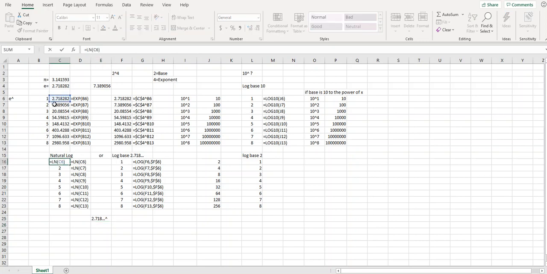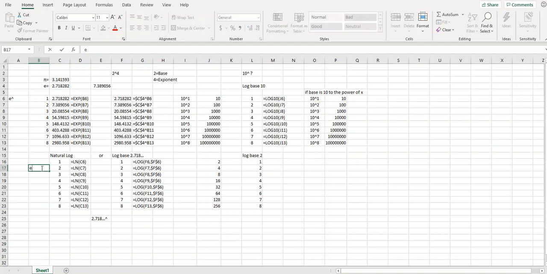So if we have a number like 2.718 and we take the natural log of that number, well, 2.718 to the power of 1 gives this relationship. Now notice if we have a value 7.389 and we take a base value of E, or Euler's number of 2.718, we get a value then of 2. Why? Well, it's equivalent to what?